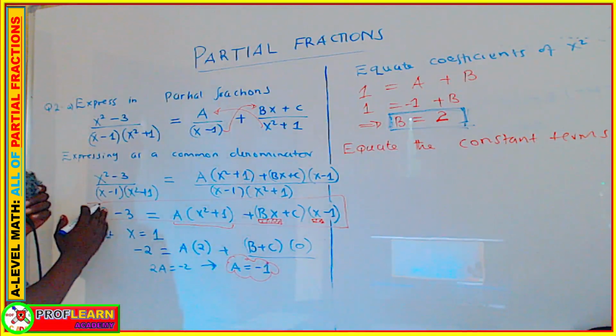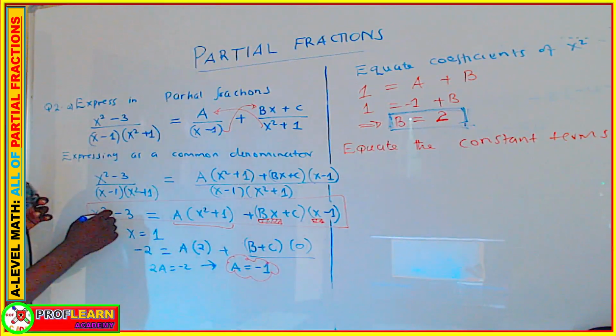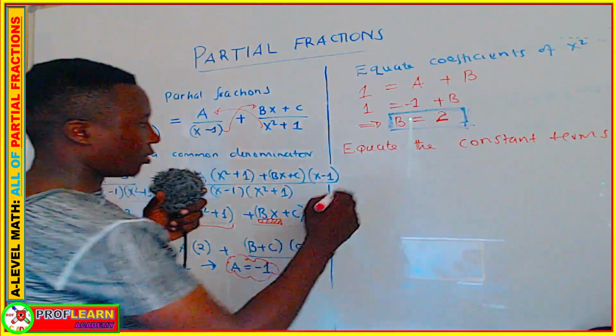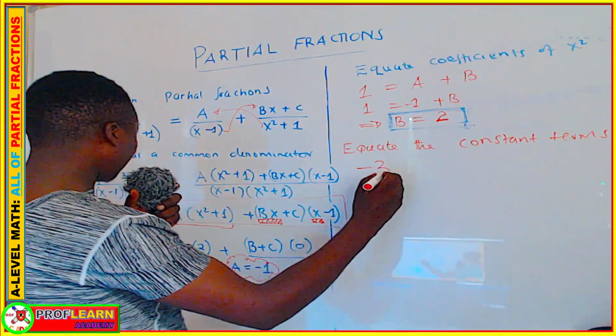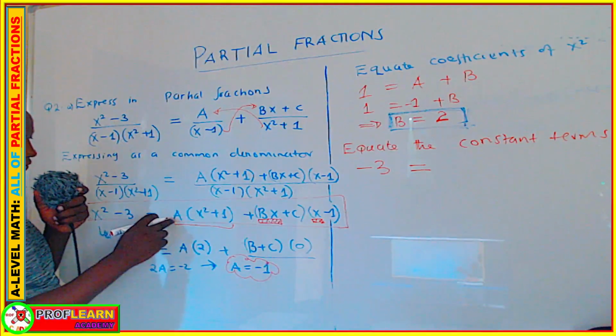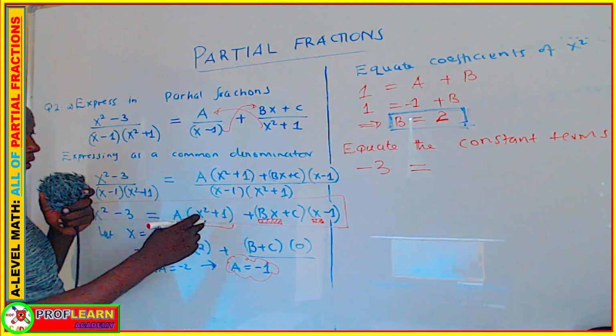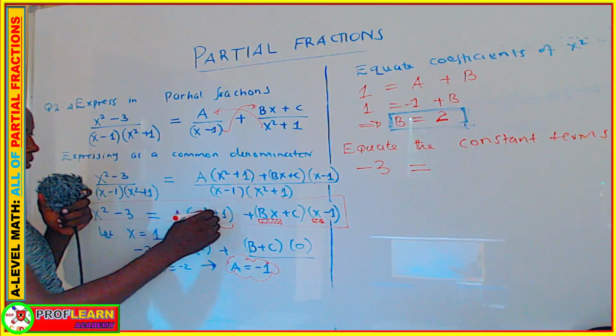Now, for instance, on the left hand side we have one constant, which is -3. So we are going to write that -3 there, and then after the equal sign we have this constant. Because we are equating the constant term, this a of ours is going to be multiplied by 1.